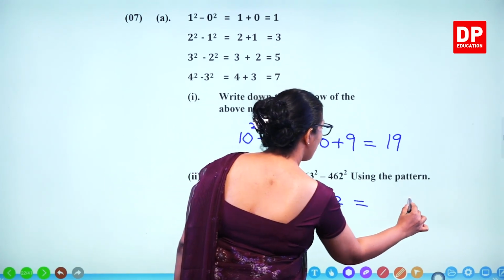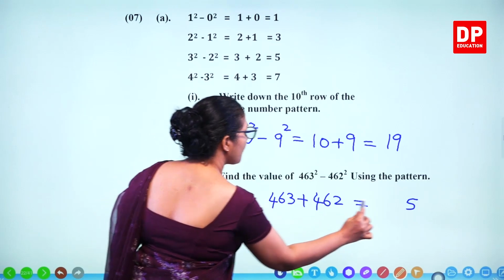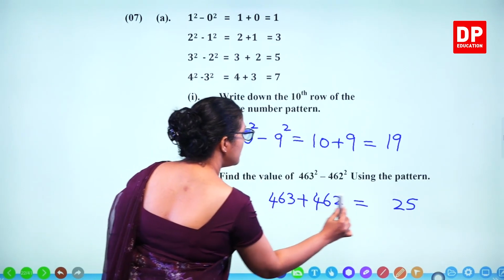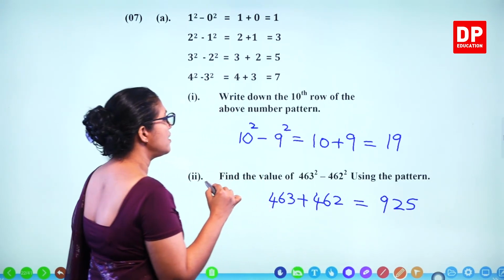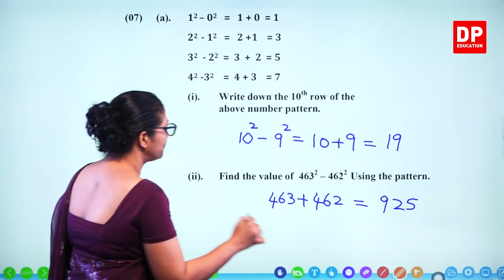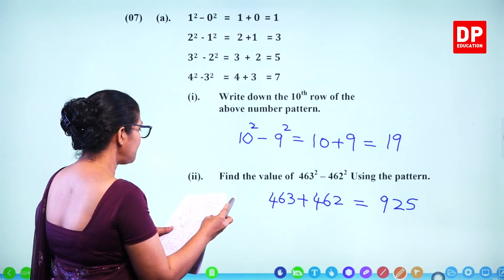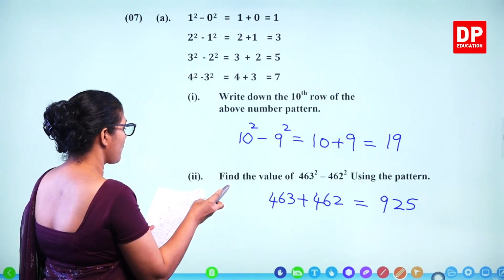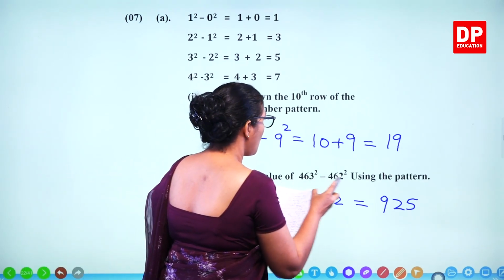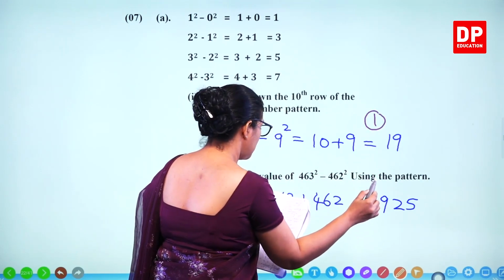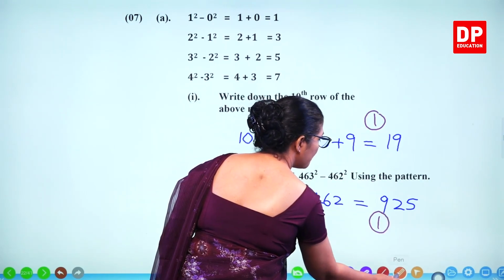You get 925. So how many marks for that? You are getting 1 mark here, 1 mark for this step.